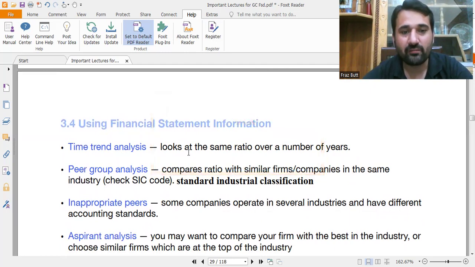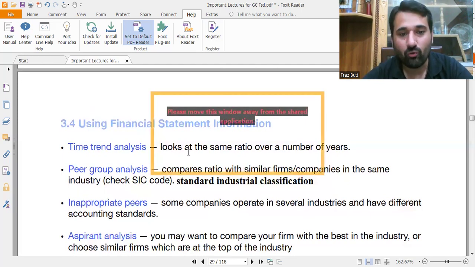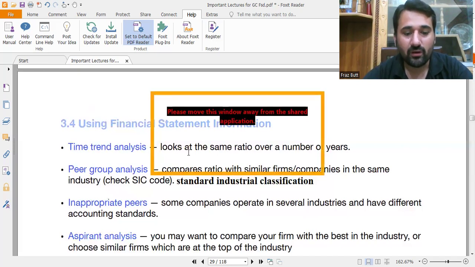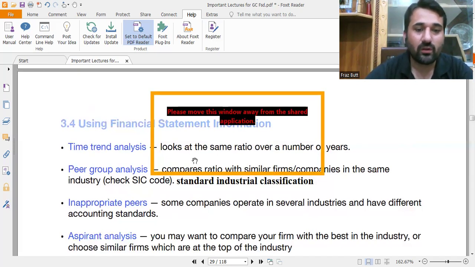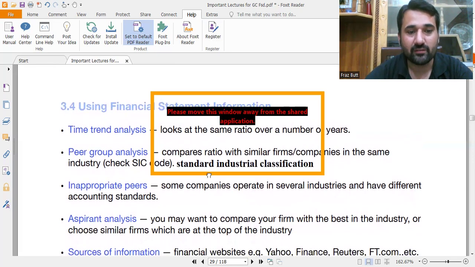For example, we can see the profitability ratio of XYZ company in 2023, then in 2024, then again in 2025. So we are looking at the same ratios over and over again in time trend analysis.